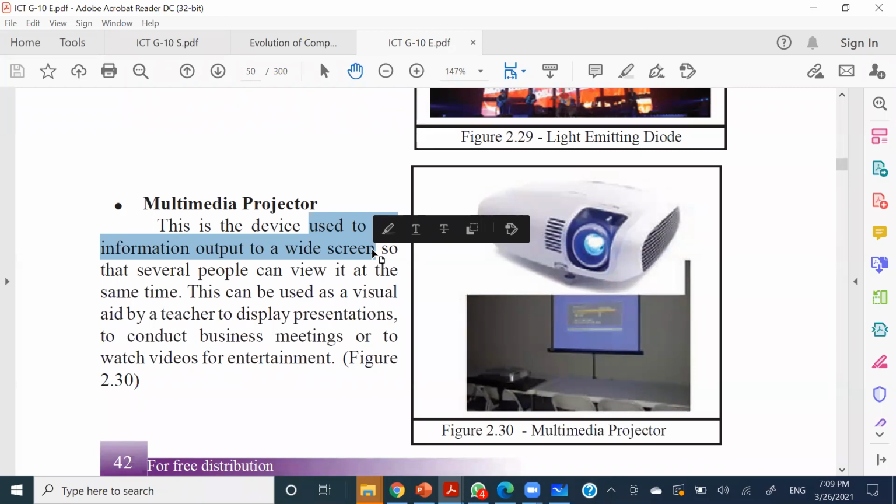First point, used to get information output to a wide screen.